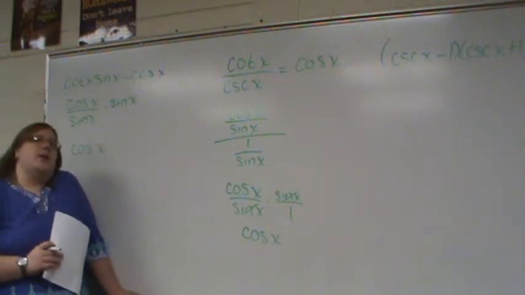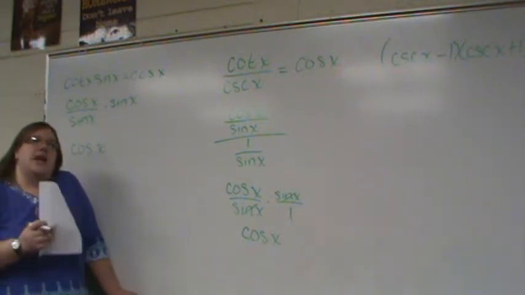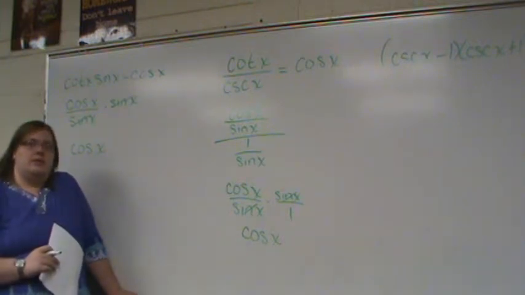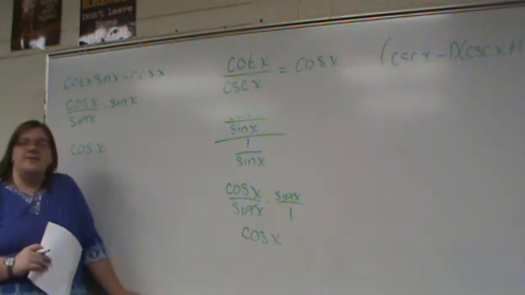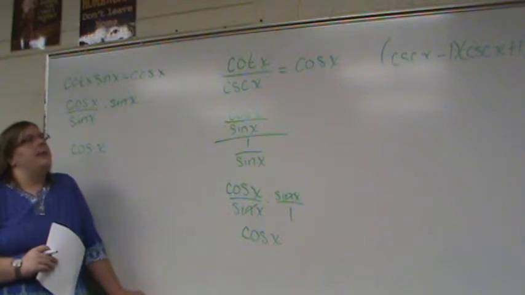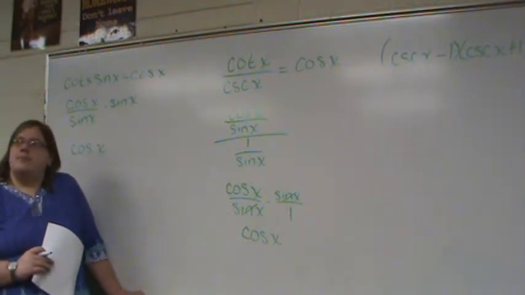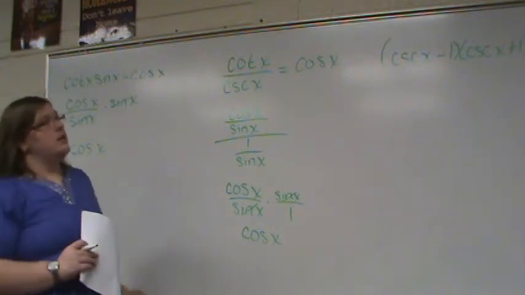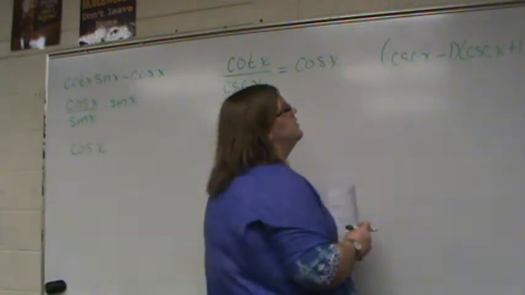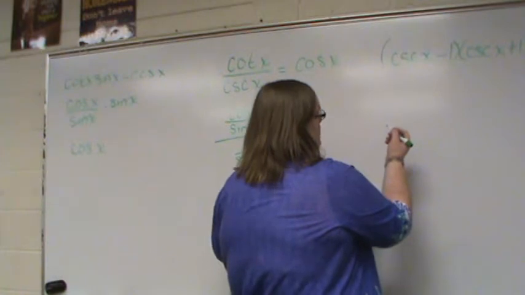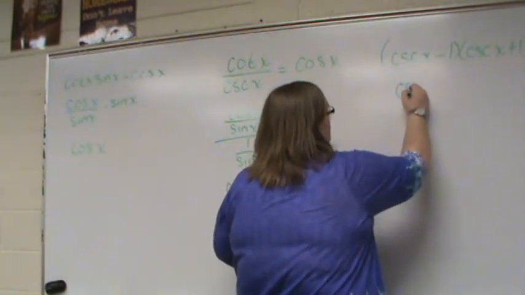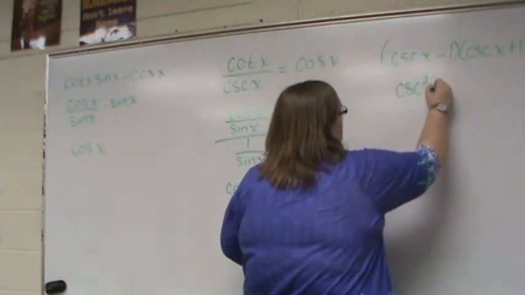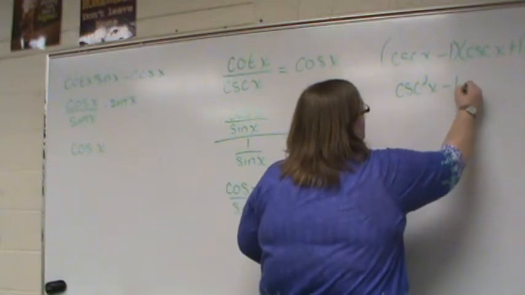So which side do we want to work with? We want to work with the left side again. Okay. So what can we do to that left side? You can FOIL it. We can FOIL it. So when we FOIL this, what do we get? Cosecant squared x minus 1.